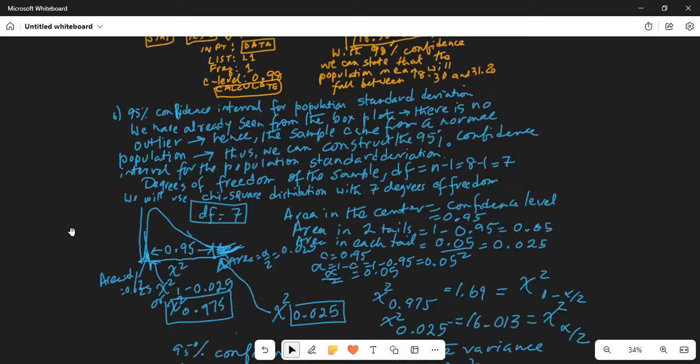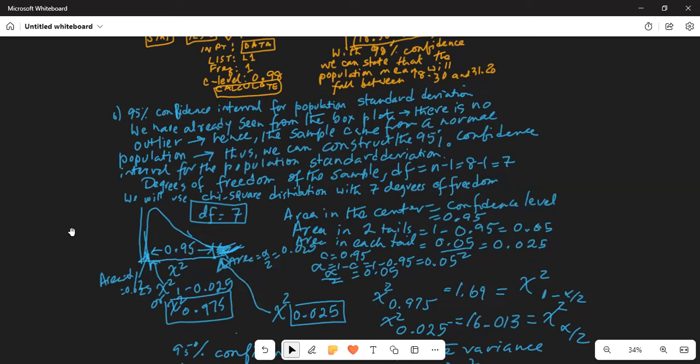But the peculiarity or oddity of this chi-square curve is that the critical values on the left tail and on the right tail are indicated by the area to the right. So for the left tail, area in the left tail is 0.025. So what is left under the curve to the right of this critical value, area-wise, is 1 minus 0.025, which is 0.975.